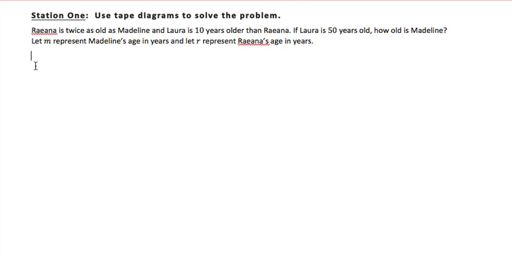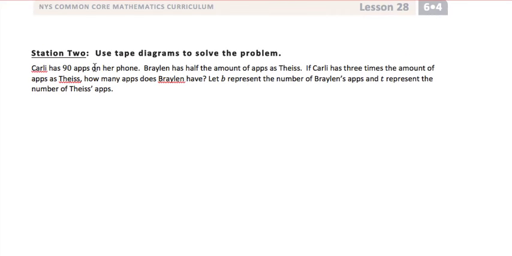In station 1, Madeline is 20 years old. In station 2, Braylon has 15 apps on his phone.